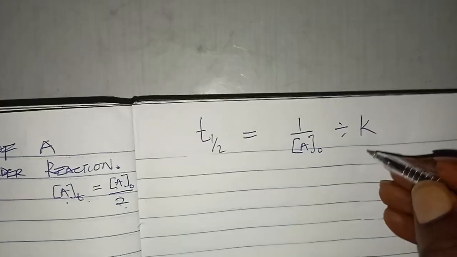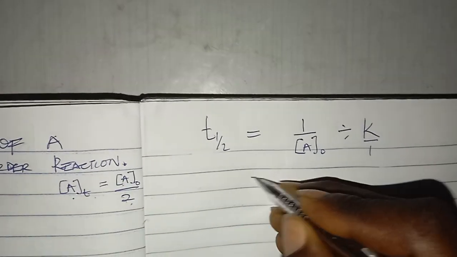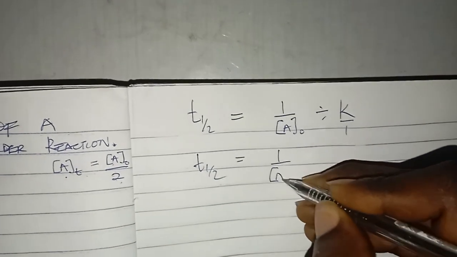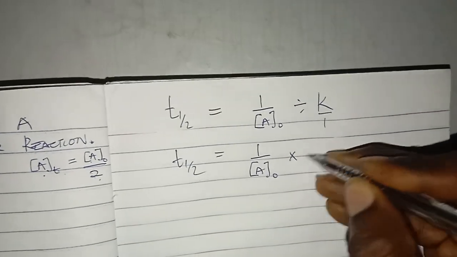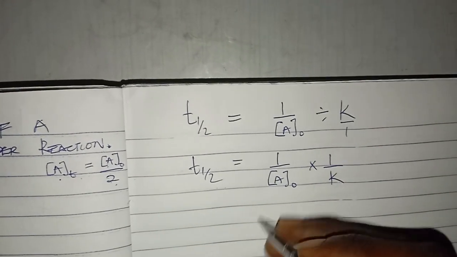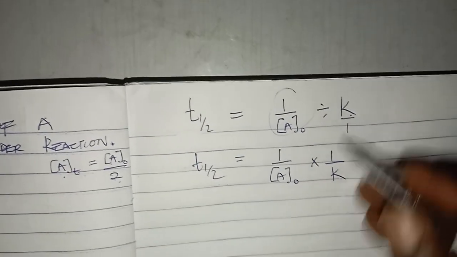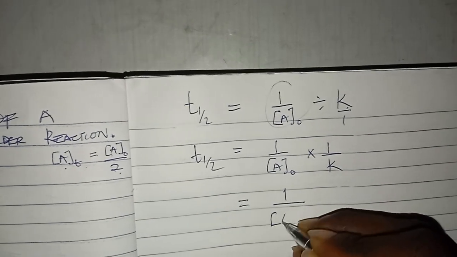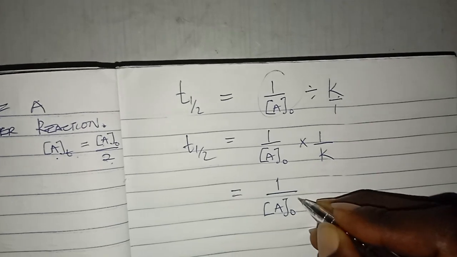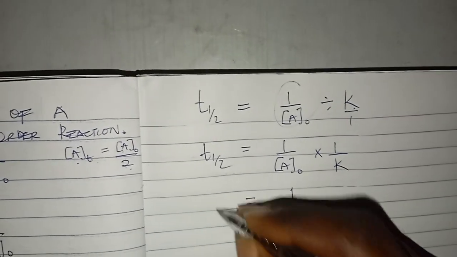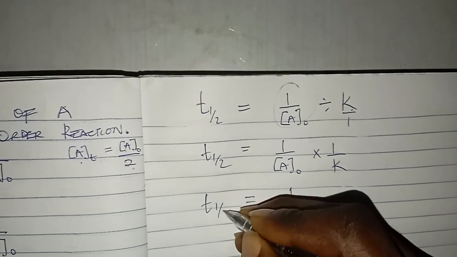So you can see that this is K standing on this one. So this is going to be T half is equal to 1 over initial concentration times 1 over K. Very important to note all these things. Everything here is being divided by this. So this is going to be 1 over A naught K. So that is T half for you.